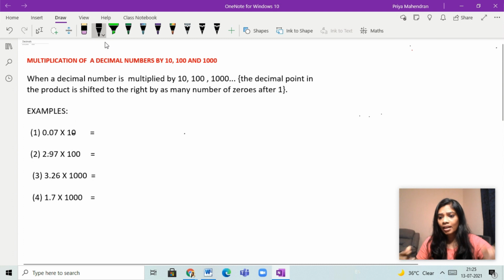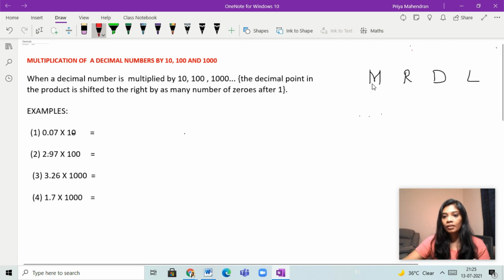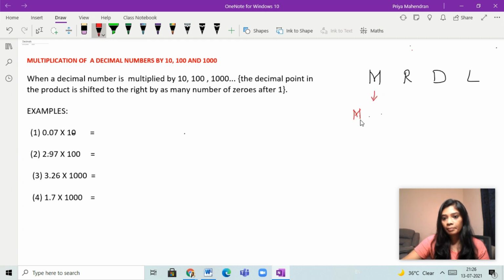Okay, so this can be remembered by a simple clue, MRDL. Remember this clue. What do you mean by MRDL? M stands for multiplication, R stands for right, D stands for division, and L stands for left.